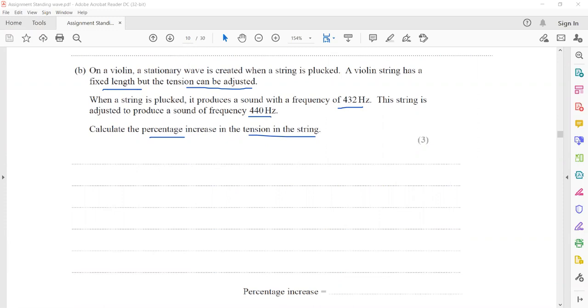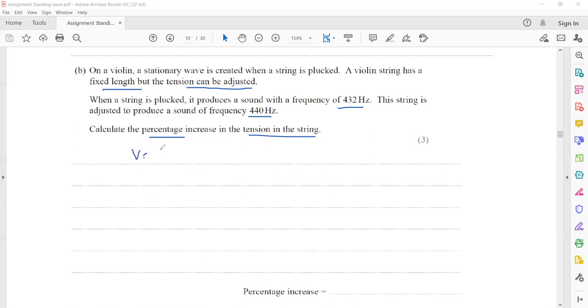So we have the formula. As I mentioned, this v equals the square root of T divided by mu. The length is kept constant. So when we compare with the equation, as we know, it is a wave in a string or a wire.